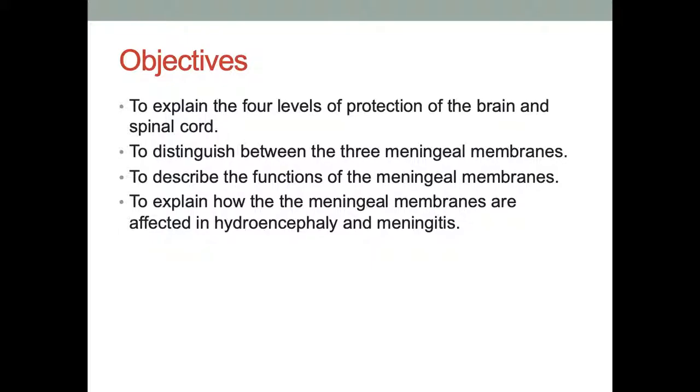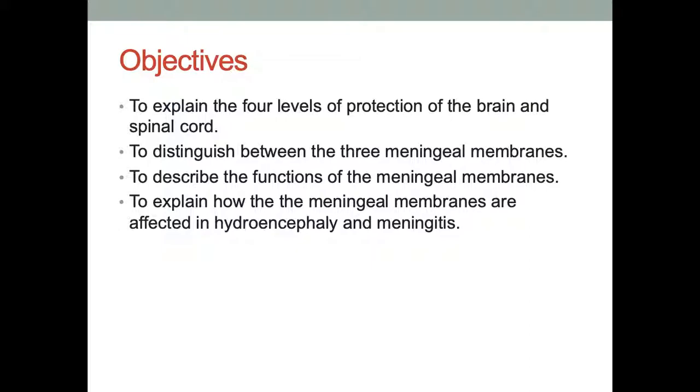So, to review our four objectives, number one, we wanted to explain the four levels of protection of the brain. That includes the cerebral spinal fluid, the brain and skull and the spinal cord, the meninges, and the blood brain barrier. We talked mainly about the meningeal membranes, but all four of them are levels of protection.